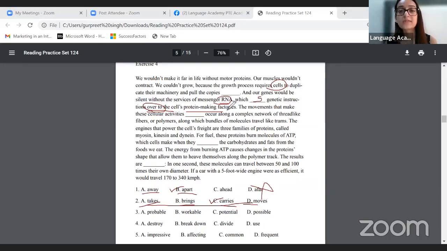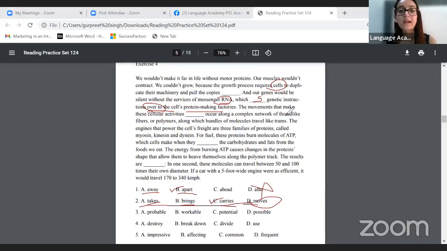So it means this messenger which carries instructions over to the protein making factories. We cannot say brings. We can say brings if it is not over, brings to here. Takes is a very common word, and this is not about movement. This is about the work of this messenger. This messenger RNA, it carries, means it is its duty to carry the instructions, not just move the instructions.